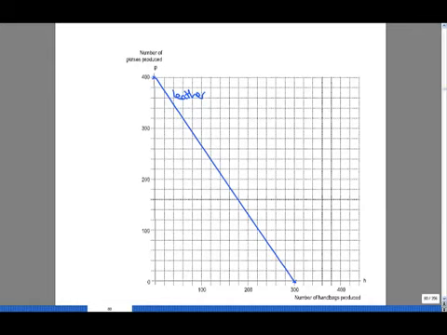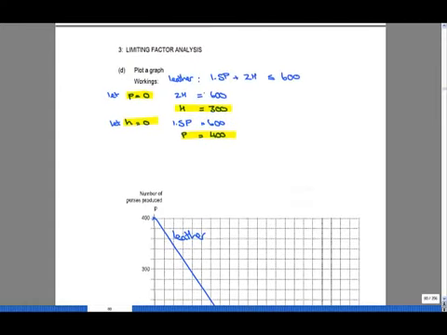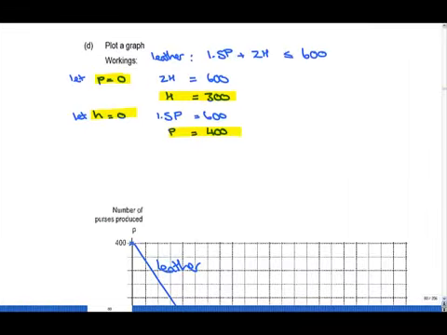Okay, so that's leather. Let's have a look at labour then. Same kind of process. Now, the constraint for labour was 0.75p plus 0.5h had to be less than or equal to 210. So let's assume we don't make any purses.